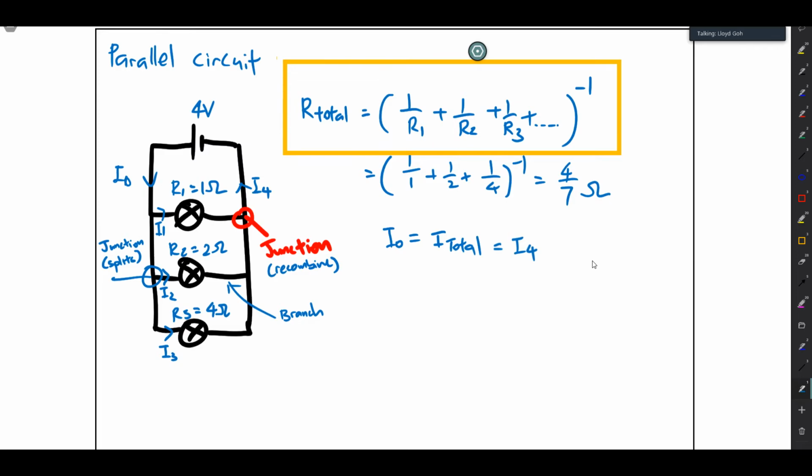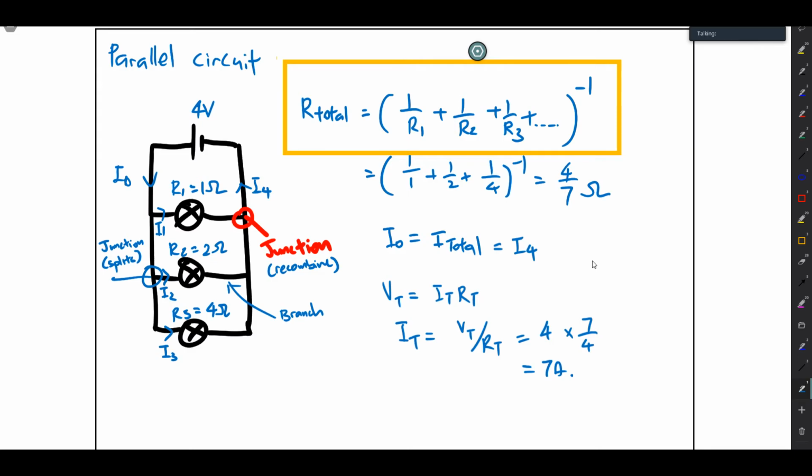Now remember how we find I total. We have this formula: Vt equals It times Rt. So It in this case will be Vt over Rt, which is 4 divided by 4 over 7, so 4 times 7 over 4, which is 7 ampere.